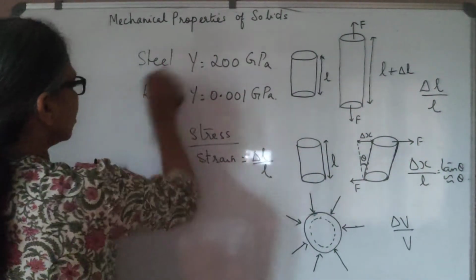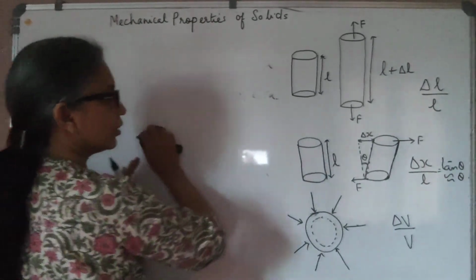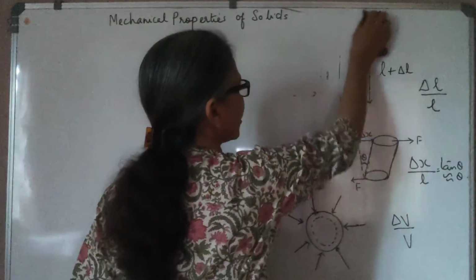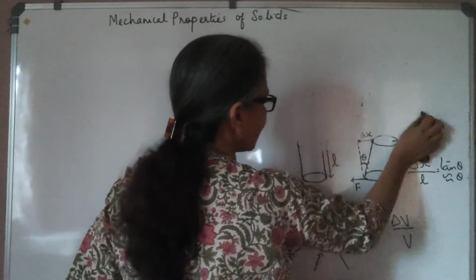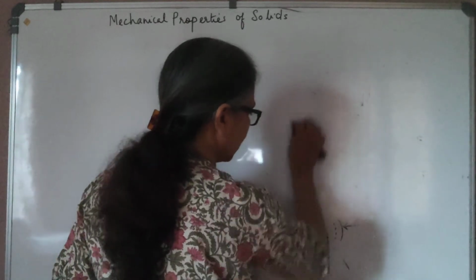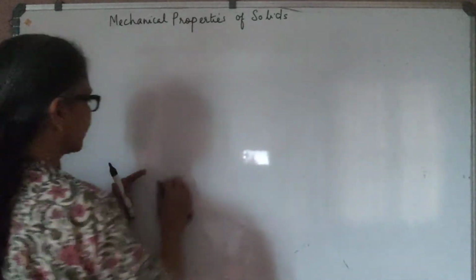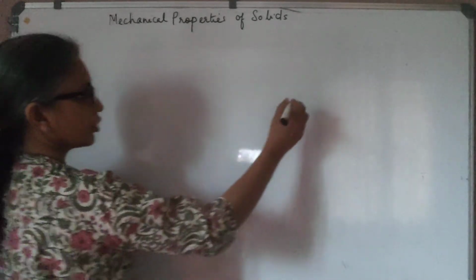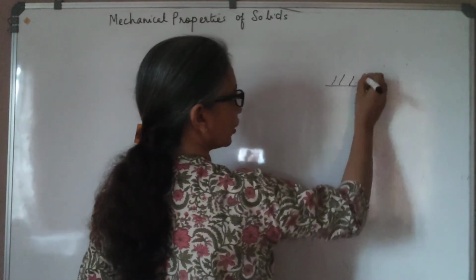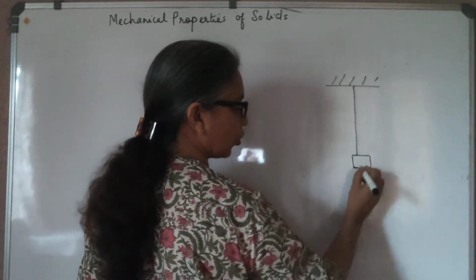The last thing that we need to do in this chapter is the experimental study of variation of stress with strain, and that is what we are going to discuss now. You can take a wire, maybe steel, and start loading it.